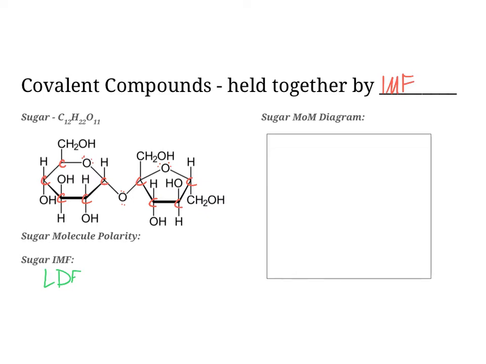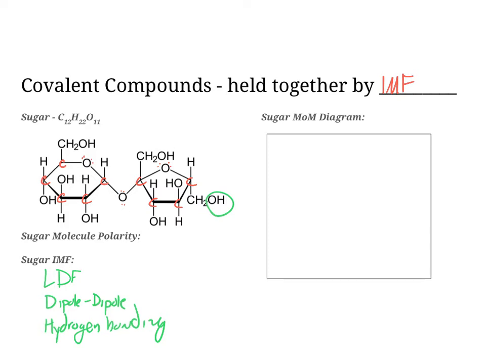Also, I see that there is carbon bonded to oxygen, so there's an electronegativity difference that's going to be dipole. So there's also dipole-dipole. And because the oxygen is bonded to a hydrogen, like in this instance here, there is definitely going to be hydrogen bonding. So this molecule has a lot of things going on.